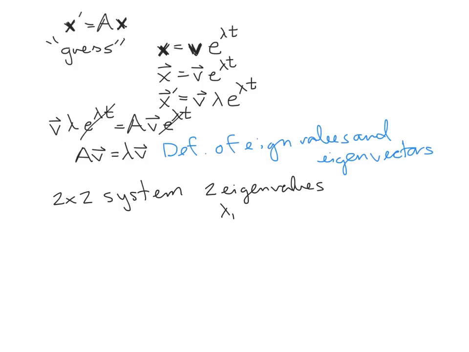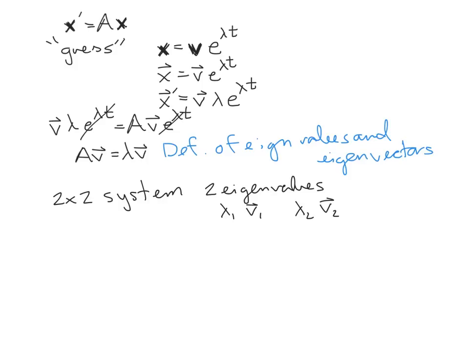And so let's call them lambda 1, and lambda 1 is going to have some corresponding vector, and lambda 2 is going to have some corresponding eigenvector as well. And so if we have the system, then our full solution works exactly like it has before. It's called principle of superposition.